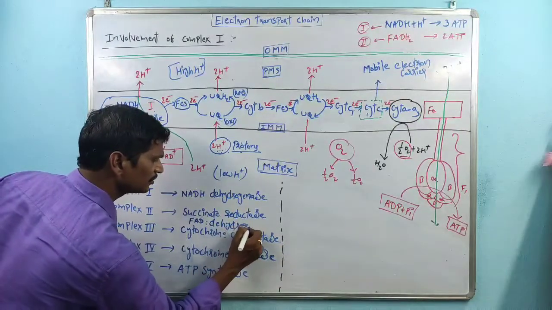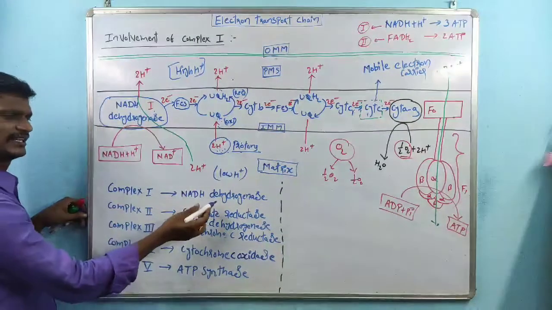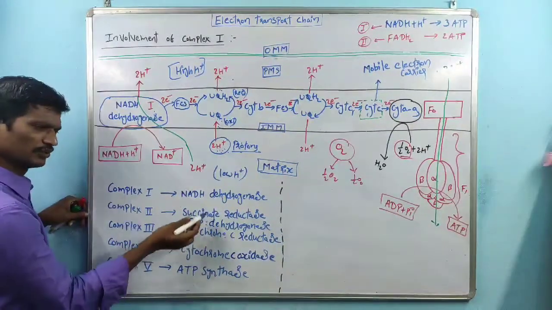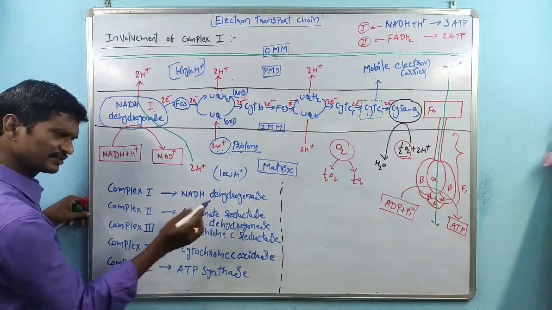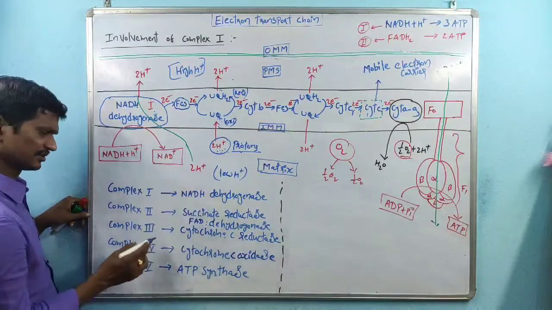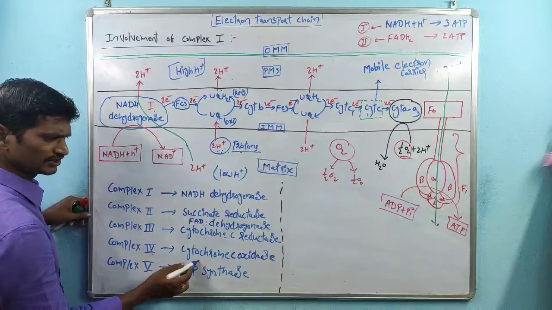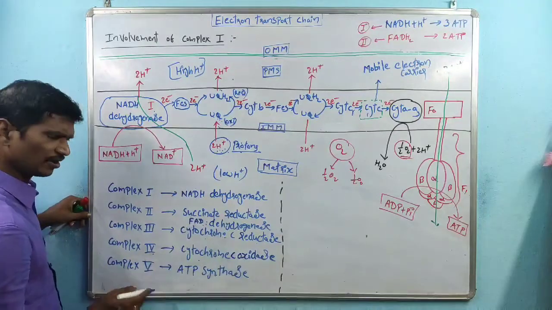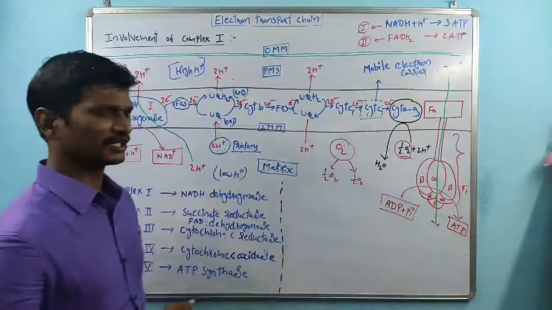So these are the other names. Complex 1, NADH dehydrogenase. Complex 2 has 2 names: succinate reductase, FAD dehydrogenase. Complex 3, cytochrome C reductase. Complex 4, cytochrome C oxidase. Complex 5 we know is the ATP synthase enzyme. So this is about the other complexes.